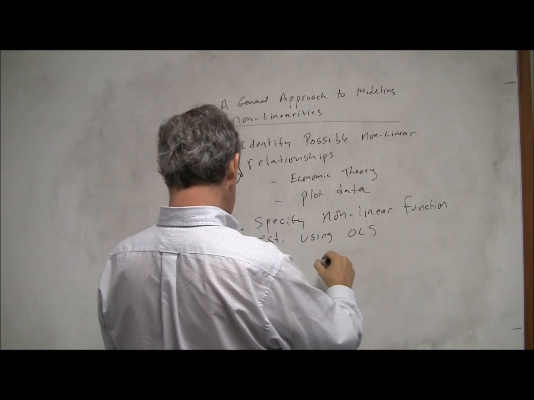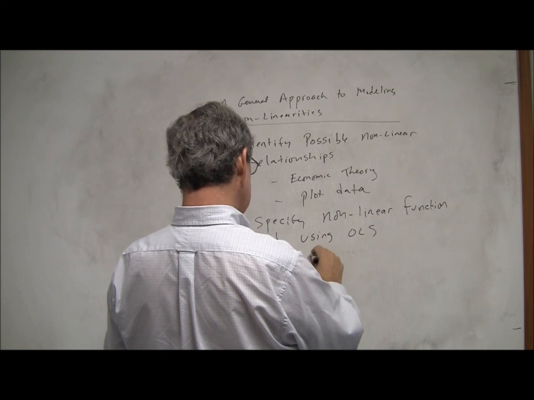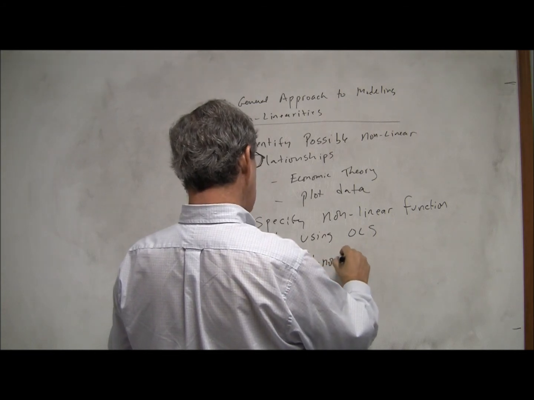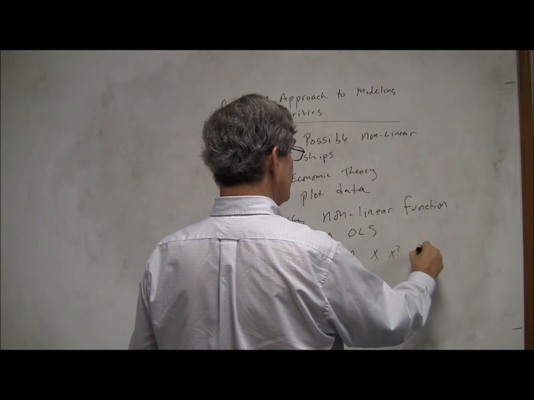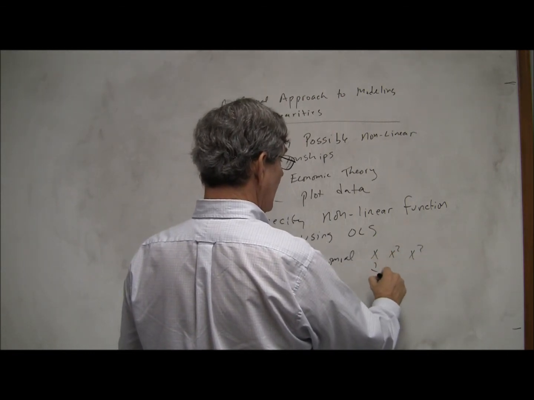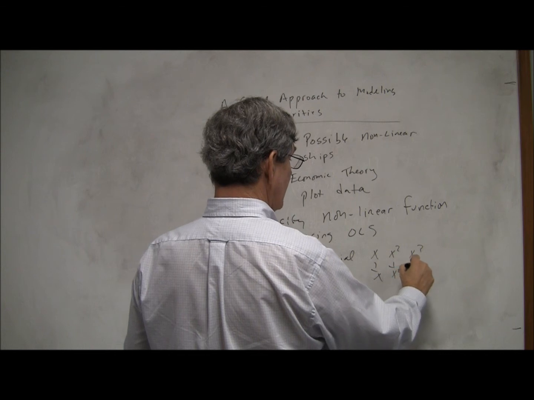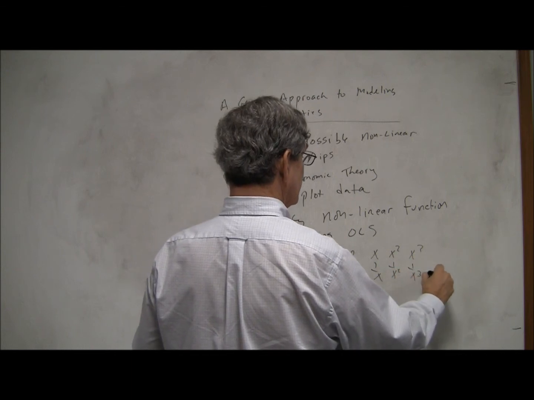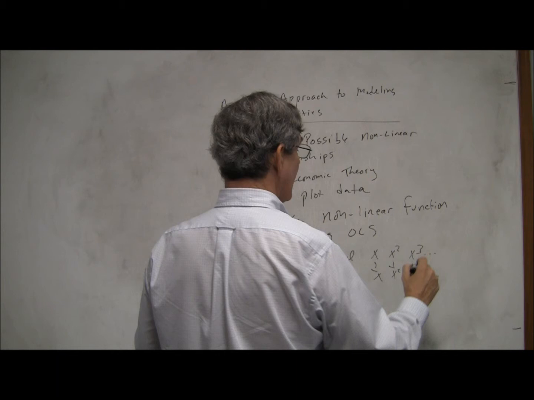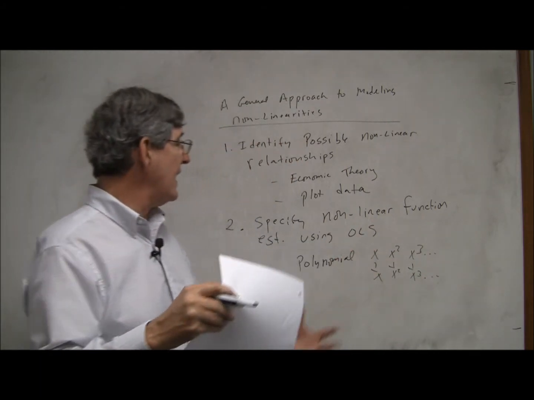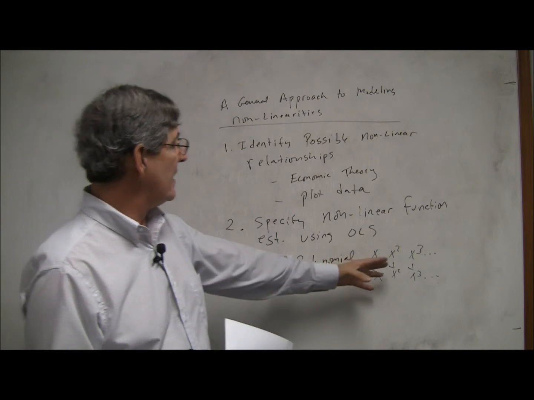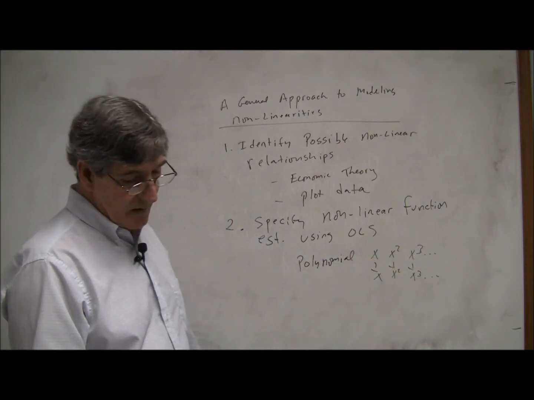These nonlinear functions will usually be polynomials, like x, x squared, x cubed, or 1 over x squared, 1 over x cubed. You can add those kinds of terms, and they give you more and more complex nonlinearities depending on how many of these terms you add.